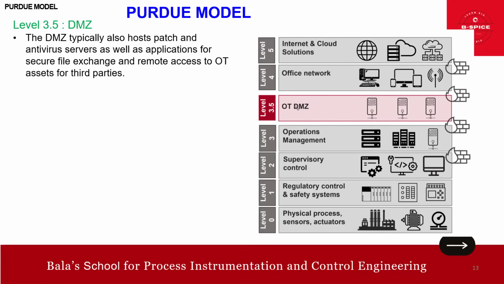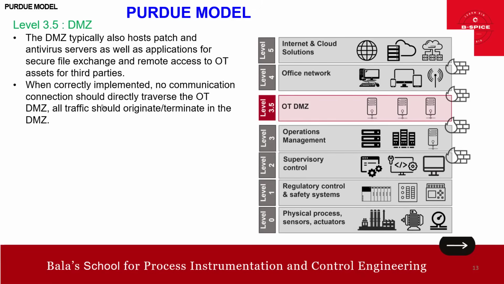And also, if somebody wants to have remote access, it has to go through this. That's the point. When correctly implemented, no communication connection should directly traverse the OT DMZ. All traffic should originate and terminate in the DMZ.